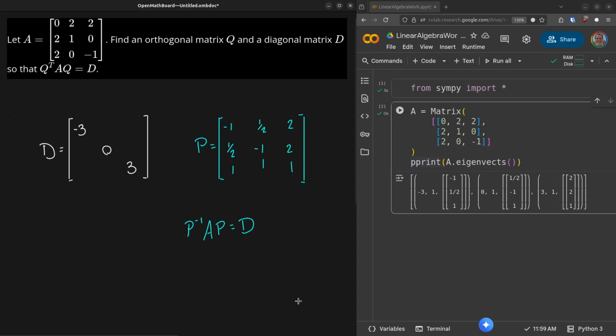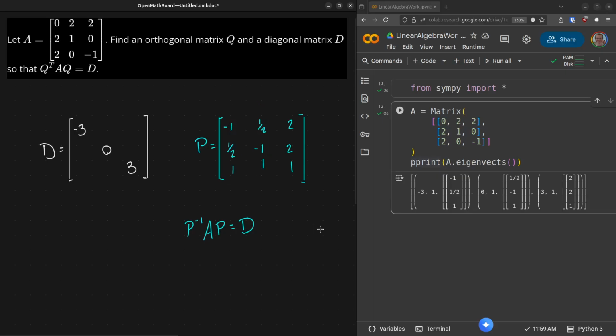But that's not going to work here because we want to make sure that P isn't just any old matrix, it's an orthogonal matrix. So not only do the columns have to be eigenvectors of matrix A, but the columns have to be orthogonal to each other and normalized. They have to be unit vectors. Okay?